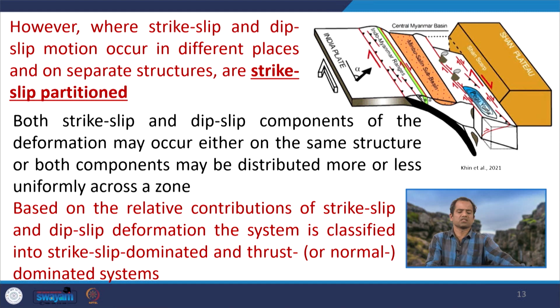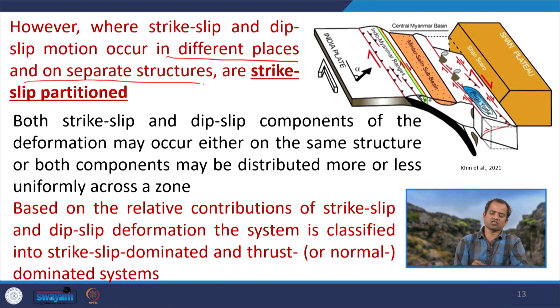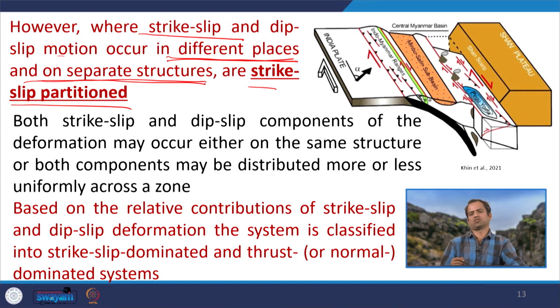However, where the strike slip and dip slip motions occur in different places and on separate structures, it is called strike slip partitioning. As we have discussed, these two components, one is the strike slip component, another is the dip slip component. If they are occurring at different places and on separate structures, that is called strike slip partitioning.